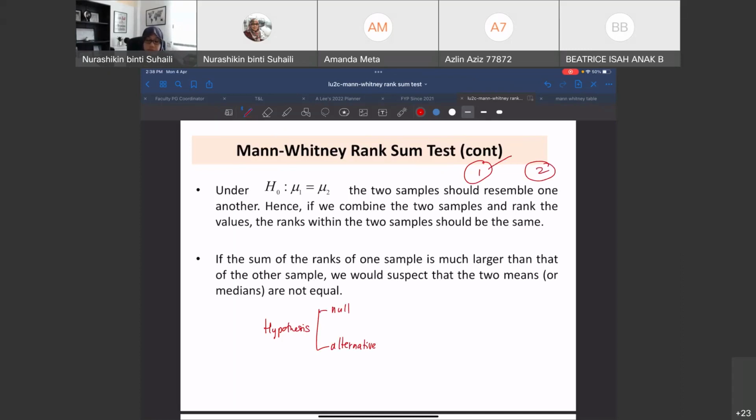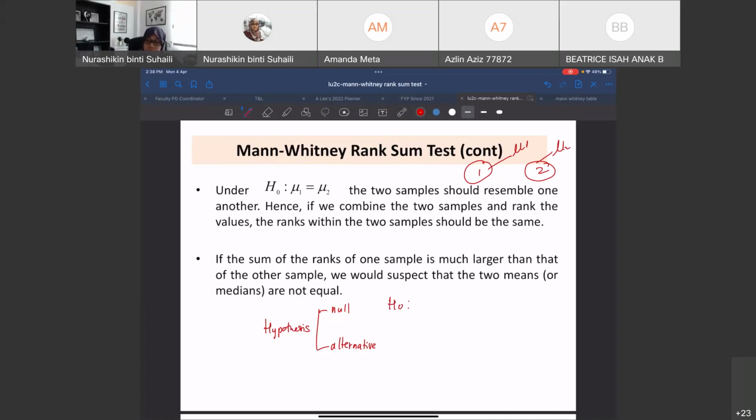The mean of sample 1 is denoted by the symbol mu, which means mean, and this one is mu 2. Since we are comparing the two means, the null hypothesis, in words, says there is no difference between the mean of sample 1 and the mean of sample 2.